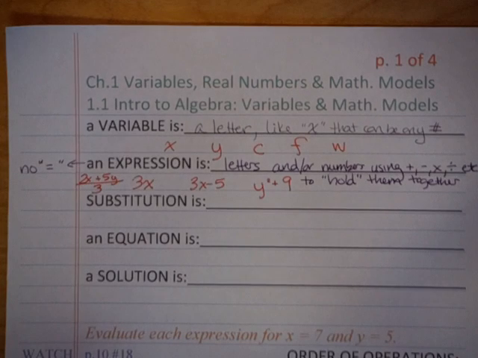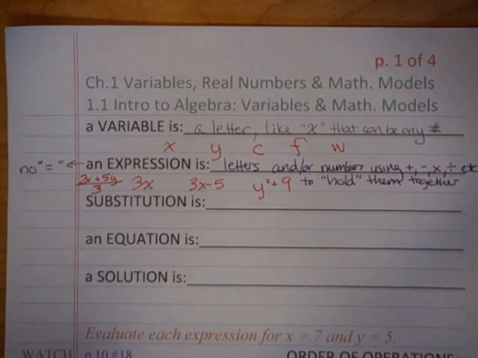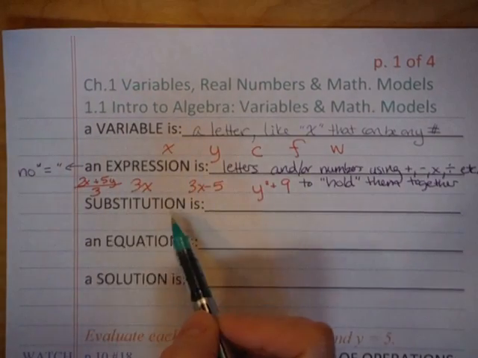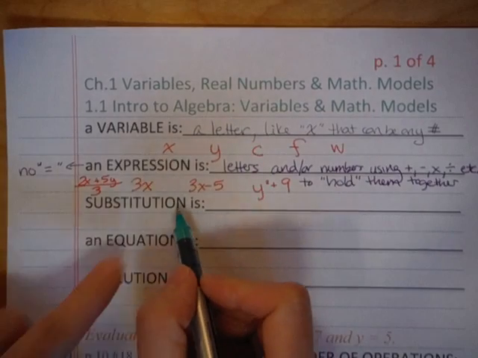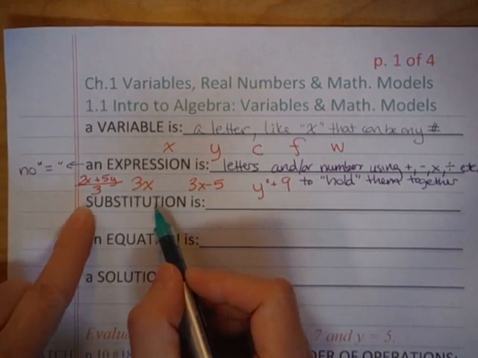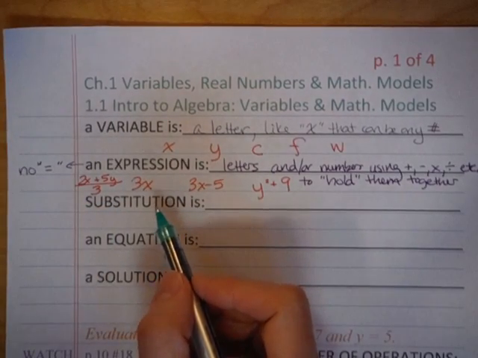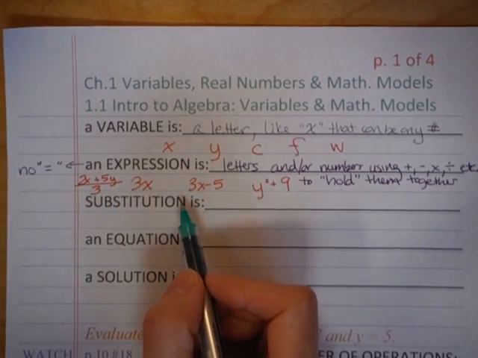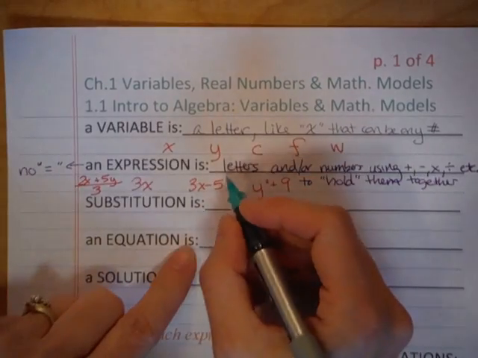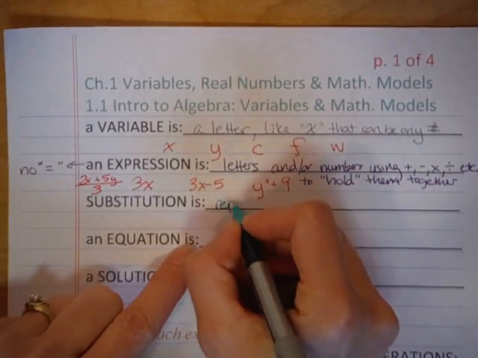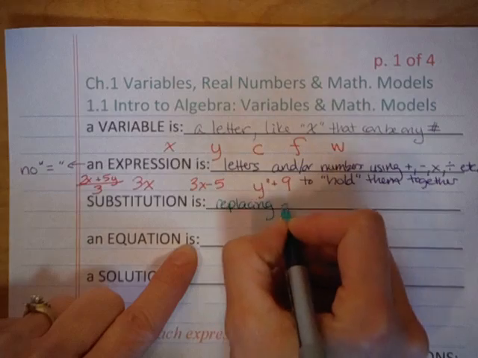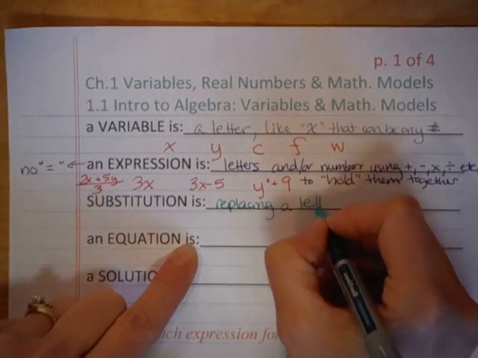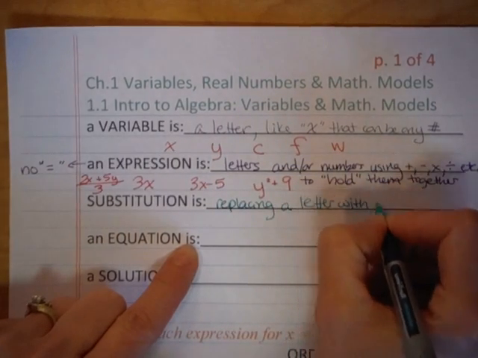Sometimes we're given an expression and we're asked to substitute. So we need to look at what substitution is. Substitution is when we're going to, just like it sounds, substitute. We're going to replace something with another. We're used to seeing the letter in there, now we're going to try a number in its place. So substitution is replacing a letter with a given value.